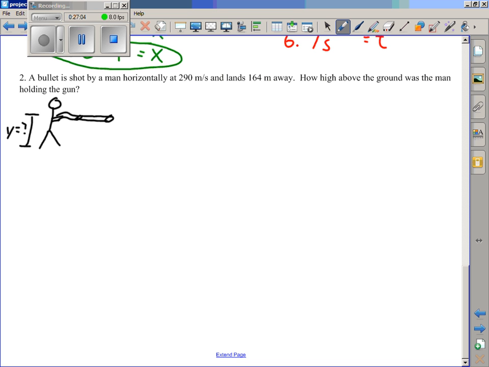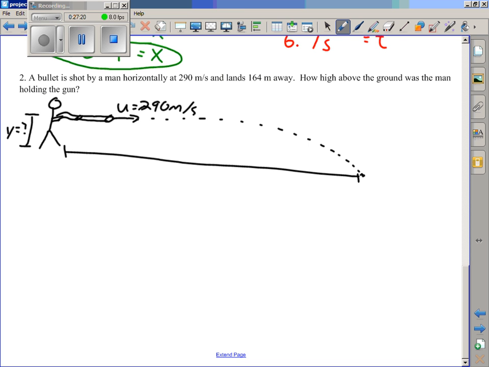The bullet comes out with an initial velocity of 290 meters per second, and it's going to go something like that before it hits. And it hits a distance of 164 meters away.